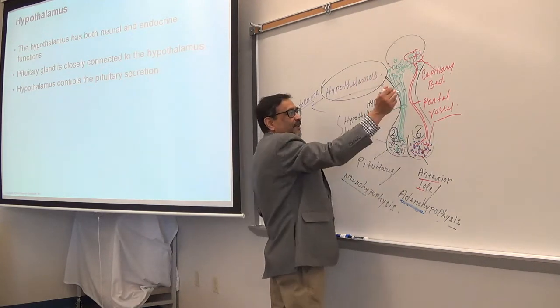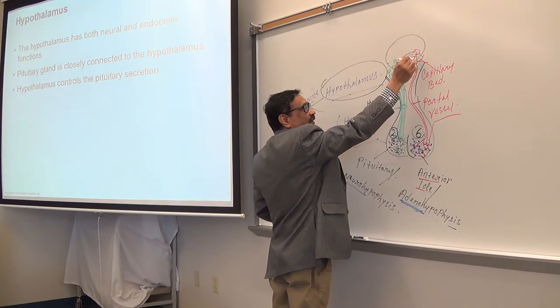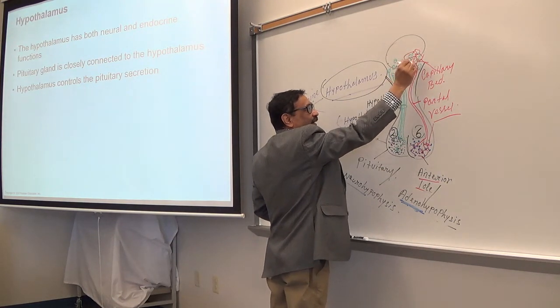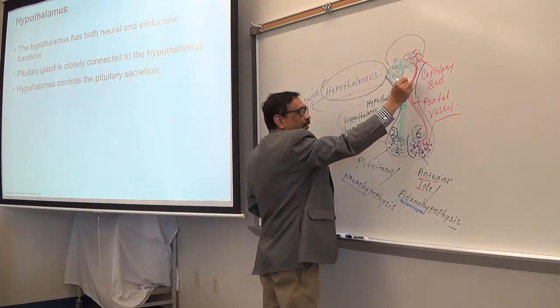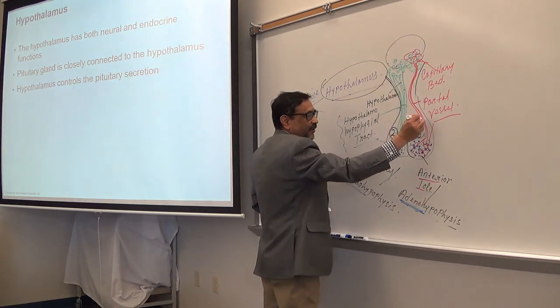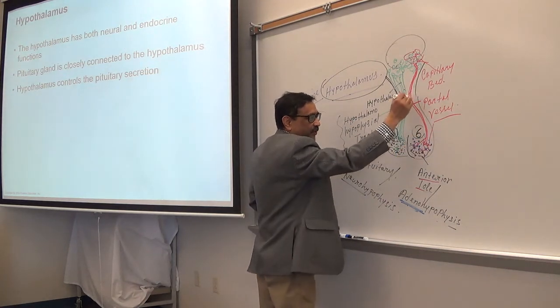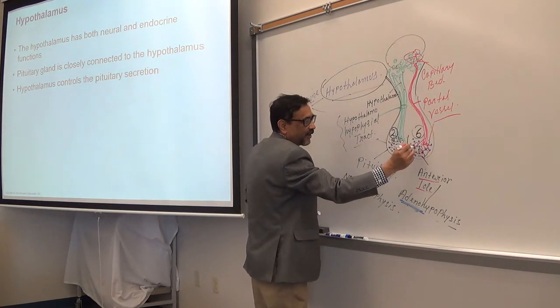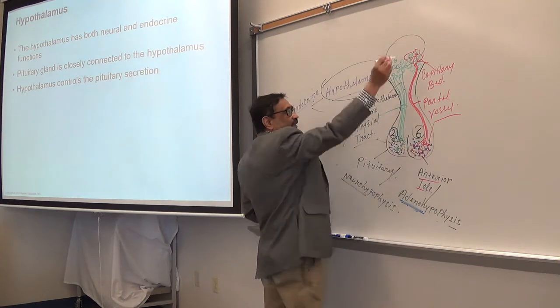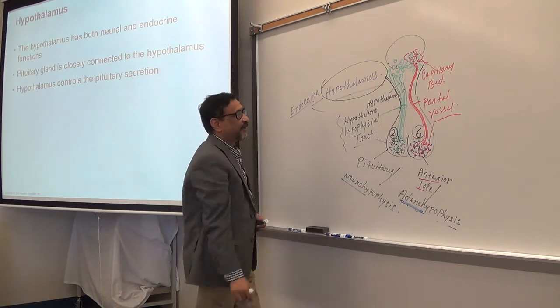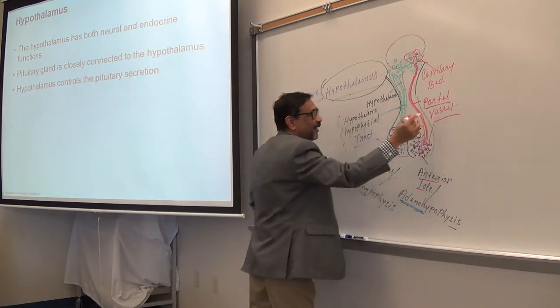So what happens here, you see, these neurons secrete the chemicals into the capillaries here, and the blood brings those signal molecules or hormones here and releases them here. So that's how the hypothalamus talks to the anterior pituitary through the portal vessel.